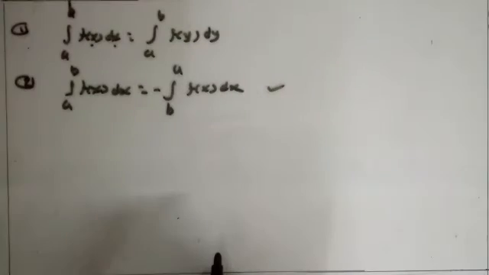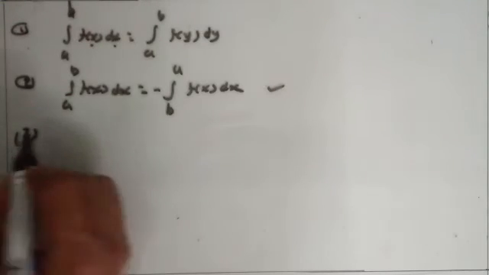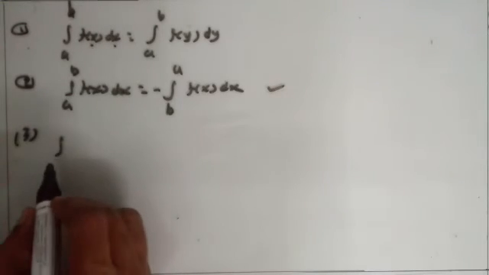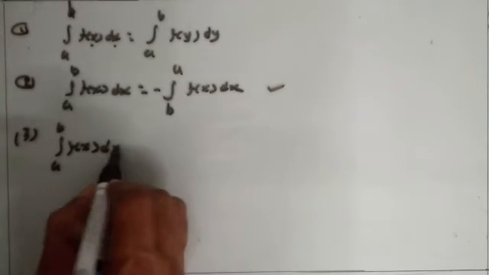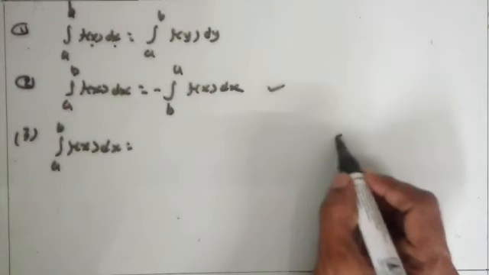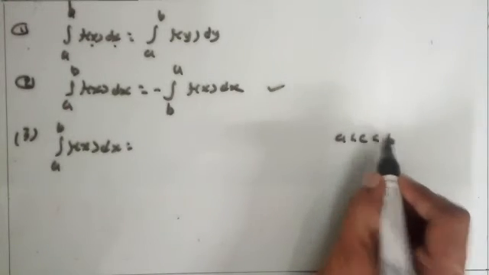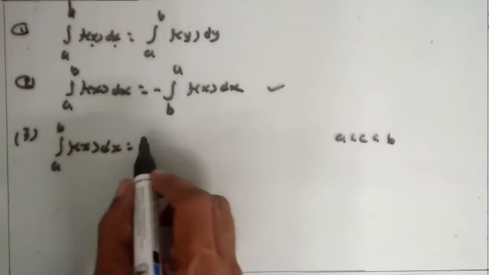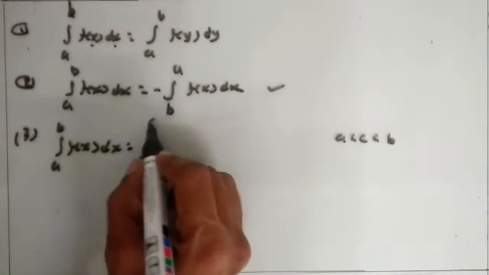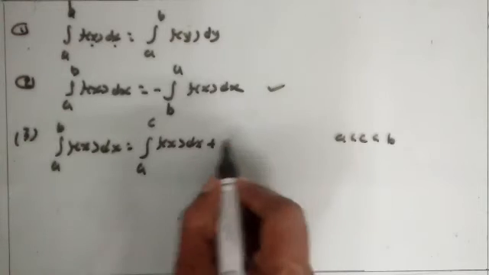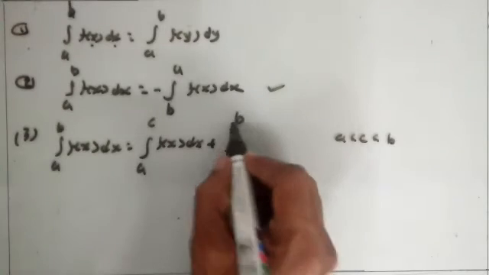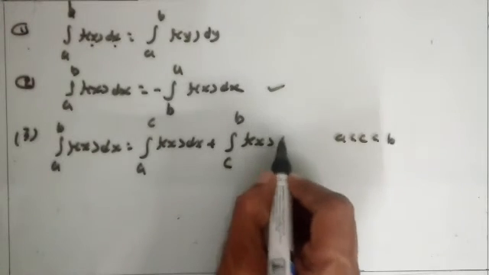Remember this important property. Now third property, integration a to b f(x) dx is equal to, if a less than c less than b, then a to b f(x) dx is equal to a to c f(x) dx plus c to b f(x) dx.